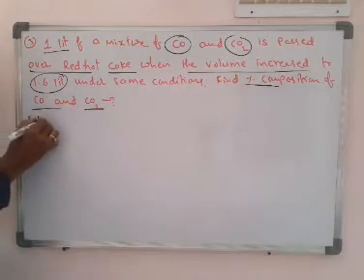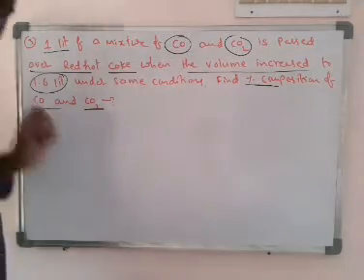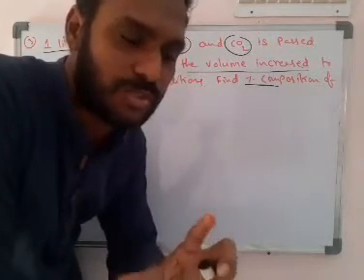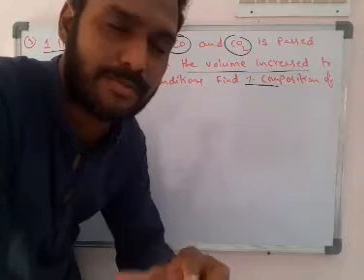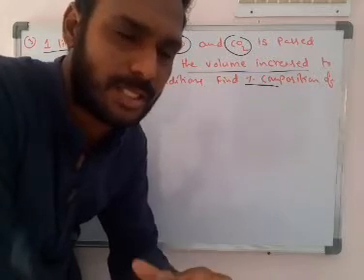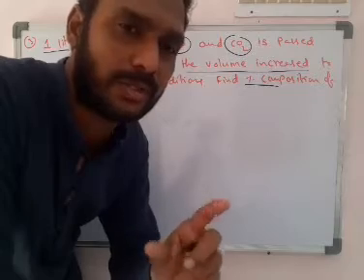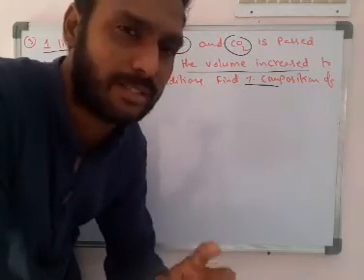Here again, in these mixture problems, I have to remember which compound is reacting. Sometimes both compounds react. Many times, in a mixture only one component undergoes the reaction. We have to find that.